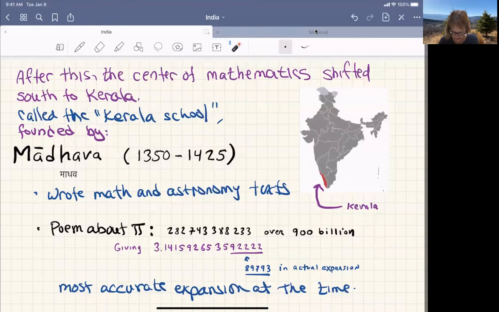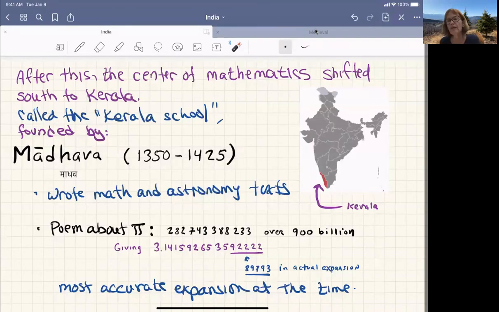And so basically, his poem about pi, in effect, gives us this value for pi.